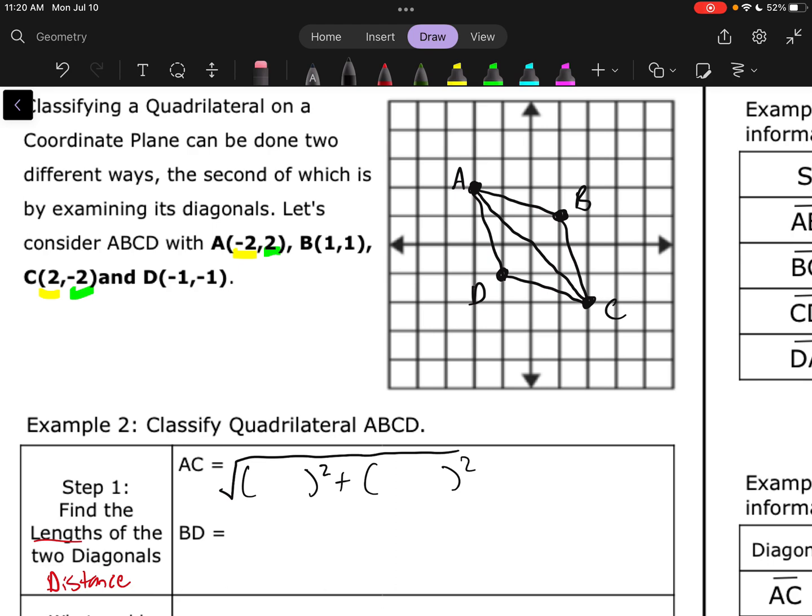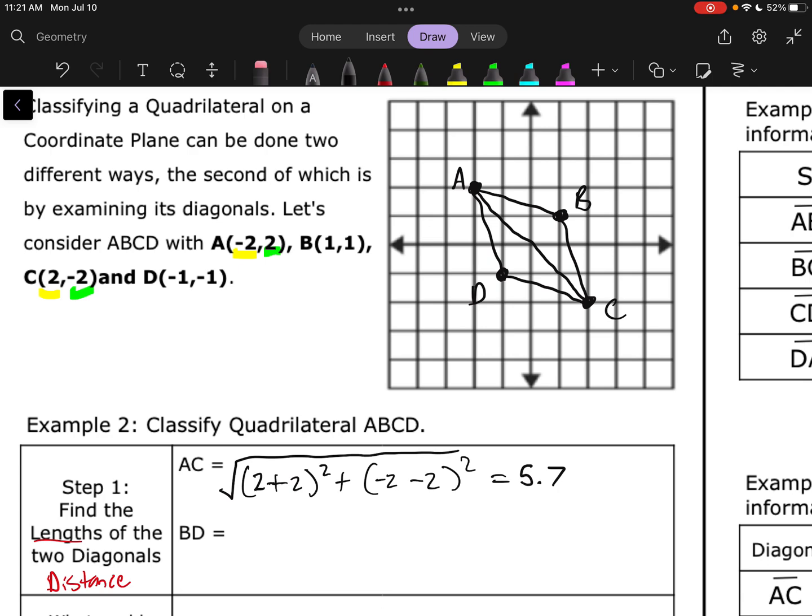Okay, so let's do 2 minus -2. 2 minus -2 would be 2 plus 2. And then for the y's, we'll be doing -2 minus 2. So let's see what we've got here. I'm looking at 5.7. Okay, 5.7 there.